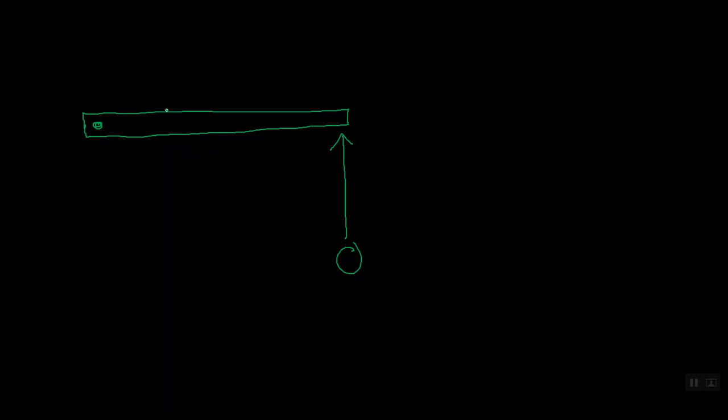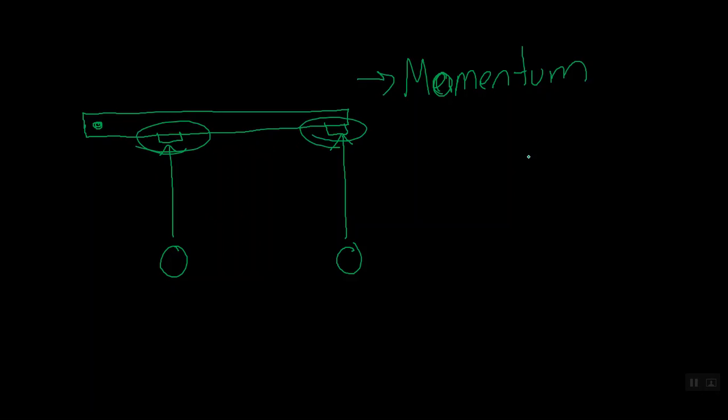I see a lot of problems like this where they have a ball that is going to collide with a rigid rod at a certain location. So maybe it's this location, or they're asking you to compare. When you are looking at this collision, you definitely want to look at momentum, because for collisions, we definitely want to analyze momentum.